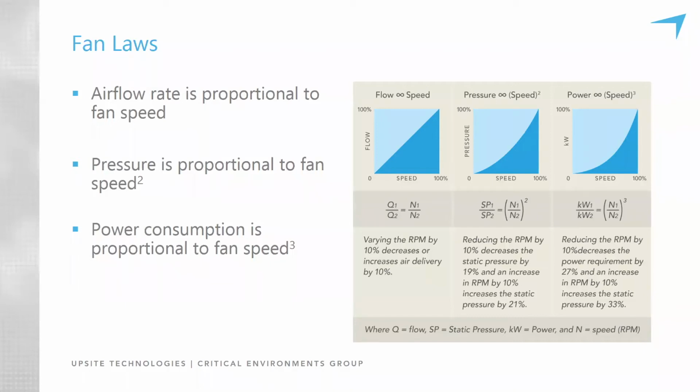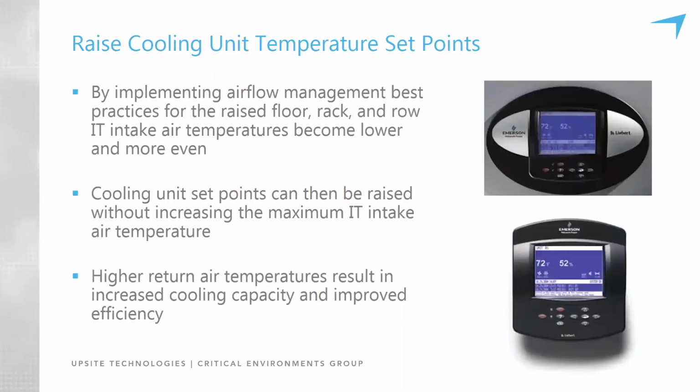Let's look at the next topic of improving efficiency, which is raising set points. By implementing these airflow management best practices at the raised floor, the rack, and the row, IT intake temperatures become lower and they become more even. And that enables the adjustment of the supply temperature.